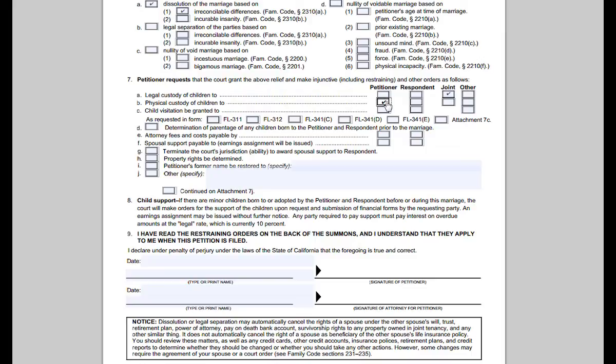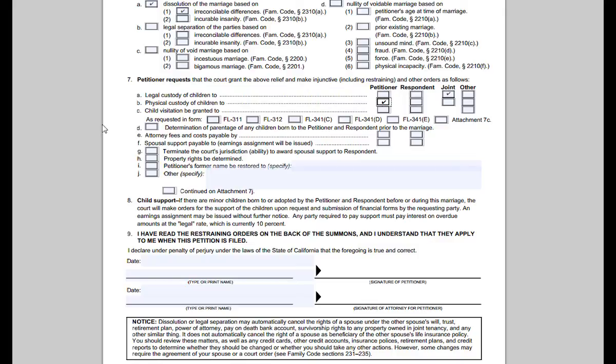If you want to give sole or primary physical custody to the respondent, check respondent. If you want to share physical custody 50-50 with the respondent, check joint. And for our example, since John Doe is the primary caretaker, we're going to check off petitioner. That means that he is requesting primary physical custody for his two children.